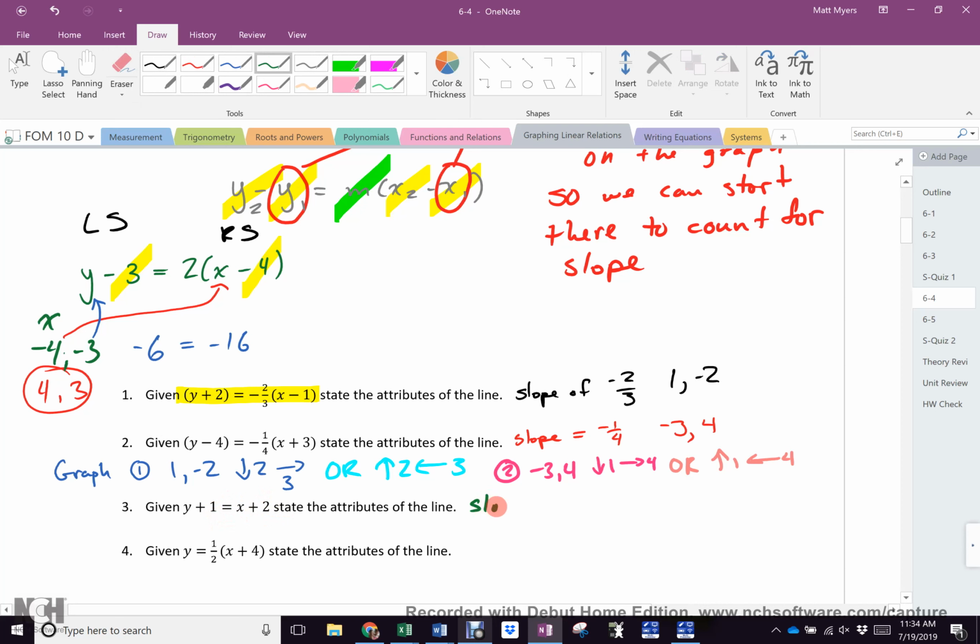My slope equals 1, and my starting point, negative 1. Don't x's go first? Negative 2, then negative 1. Everybody good? Do I need to remind you how to graph it, or are we good? We'll do the second one and make sure.